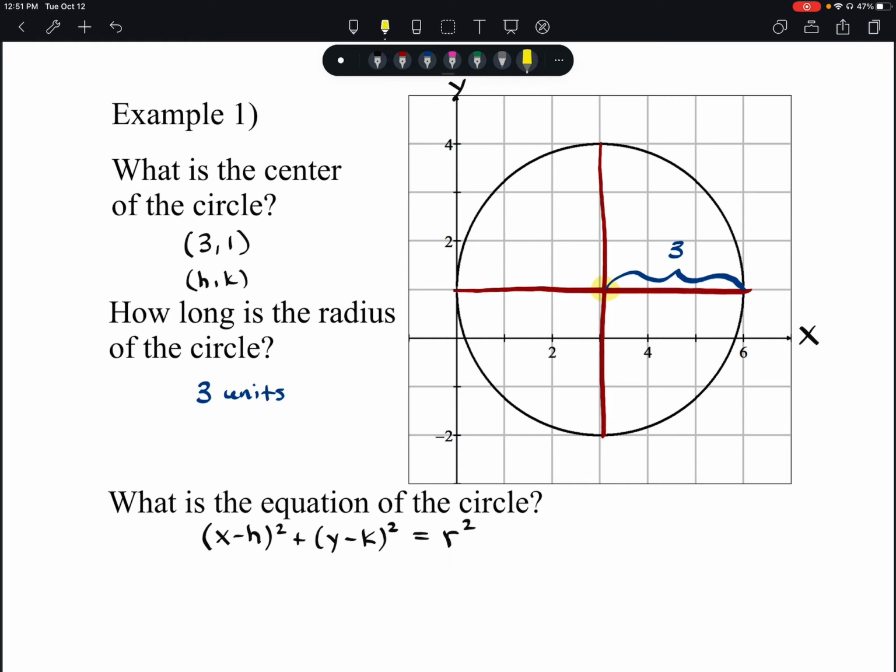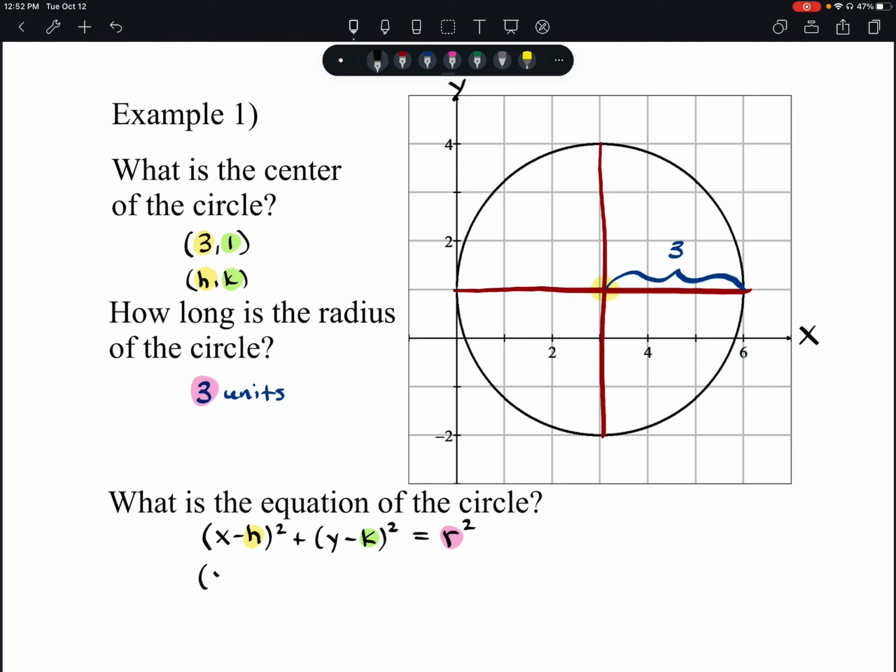And now we're just going to substitute our h value in, and then we're going to substitute our k value in, and then we will actually go through and put in our radius value. So this is what it should end up looking like.